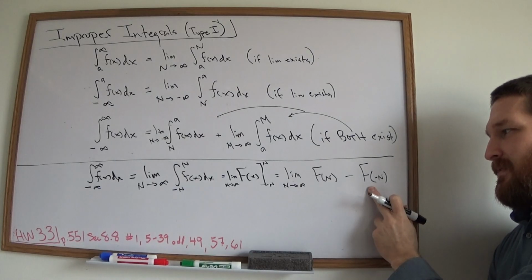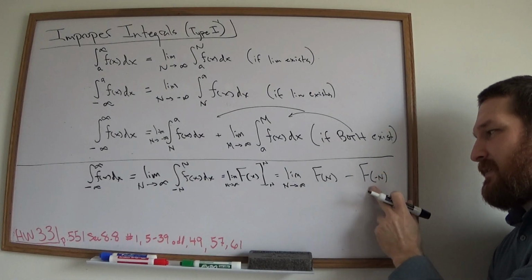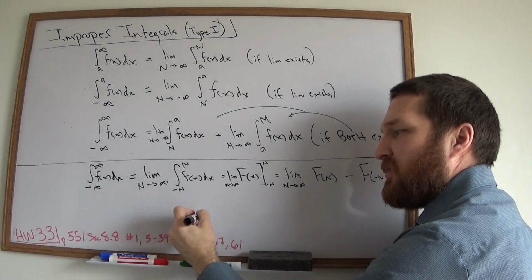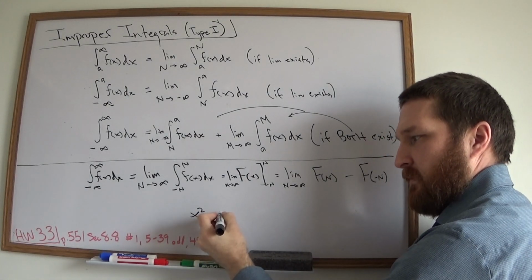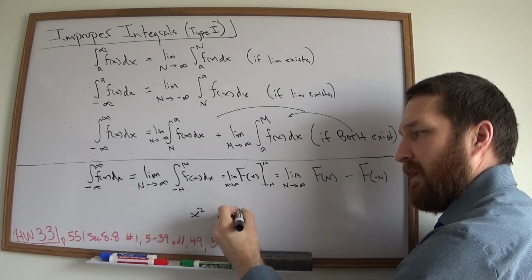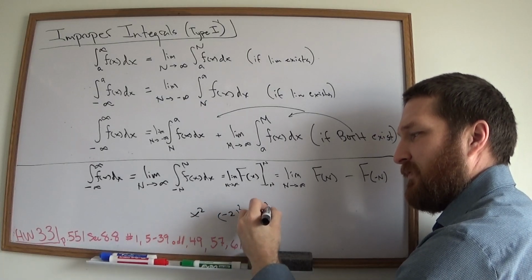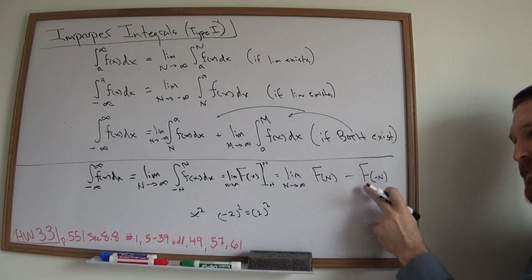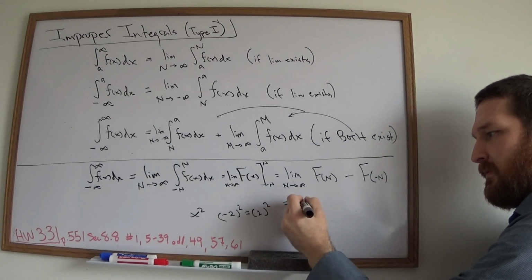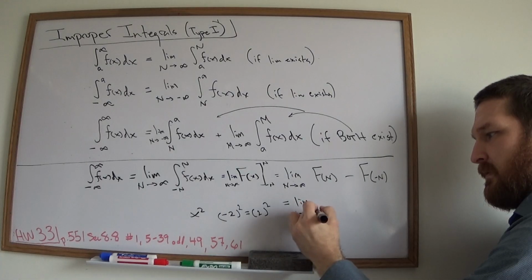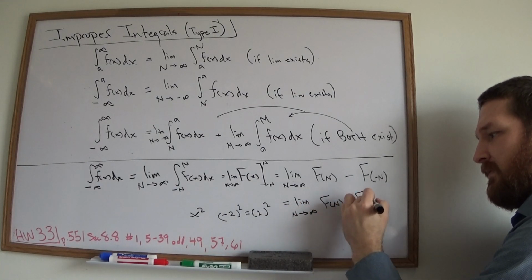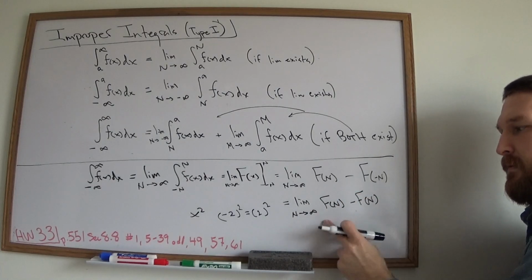If this is an even function, like x squared is an even function, you plug in a negative, it's the same thing as if you plugged in a positive, right? So if this is an even function, then you get F of n minus F of n, which is always 0.